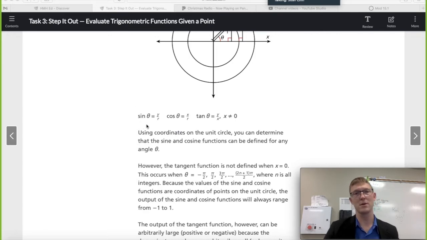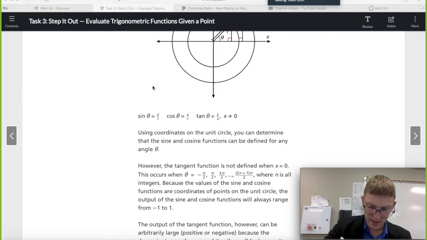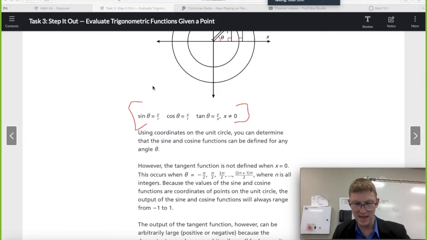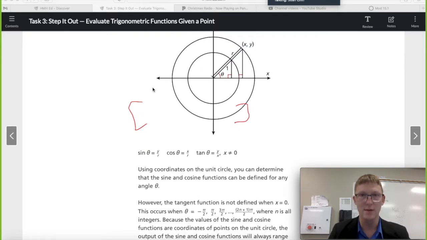So don't forget, again, this kind of thing is just the same-ish that we've kind of been talking about if you think about it. So sine is still opposite over hypotenuse, but in this case, our opposite is this value, our y value, and our hypotenuse is right here, or it's going to be r.